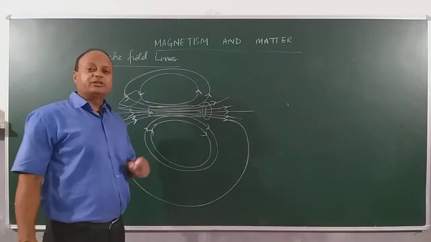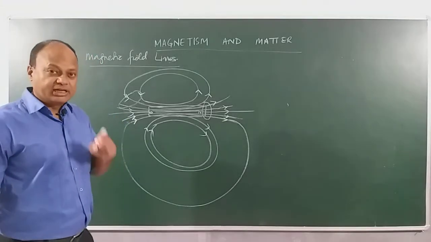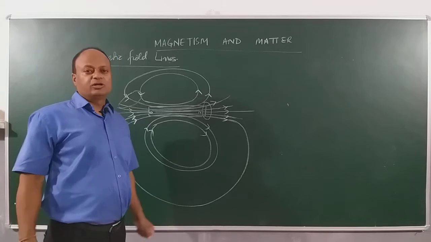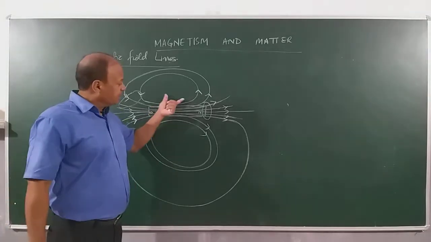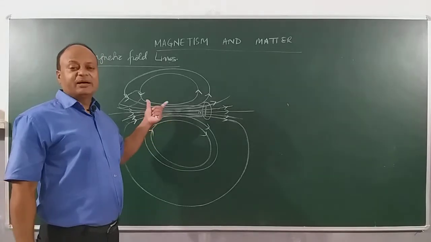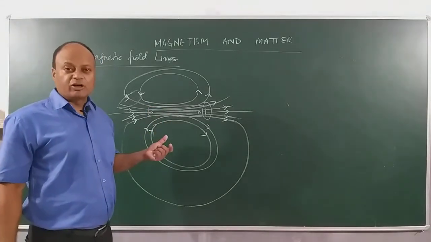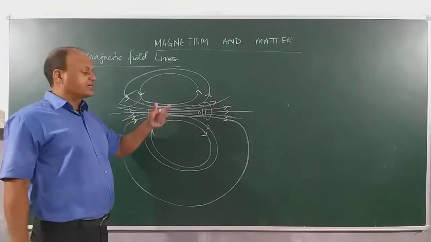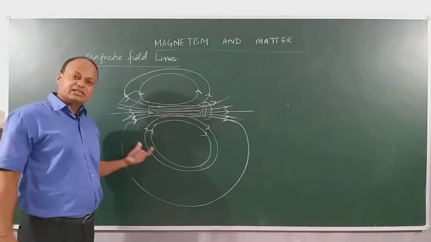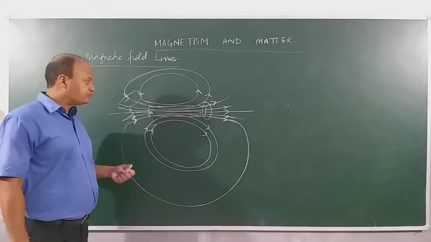Clear? Number 3, they form closed loops. Very important. Electric field lines do not form closed loops, but your magnetic field lines are forming what? Closed loops. You can see that these magnetic lines of force behave exactly in the same manner as the magnetic field lines in case of a solenoid. So this bar magnet is acting like what? Solenoid, right? Pattern of the lines is exactly same.